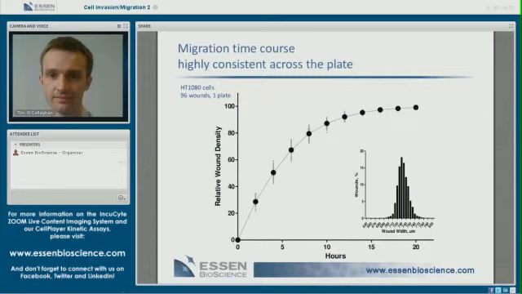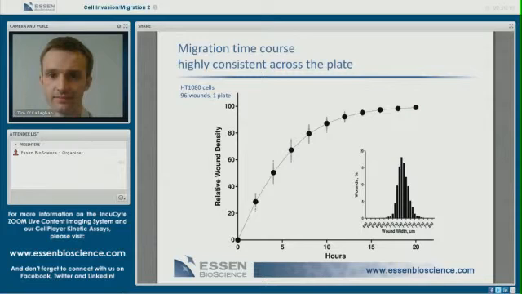The migration time course is highly consistent across the plate. And this plot shows the relative wound density metric values for all 96 wells of a HT1080 wounded plate over time. And we can see here that there is a very tight distribution of relative wound density values for each well, such that the variability across the plate is very little.